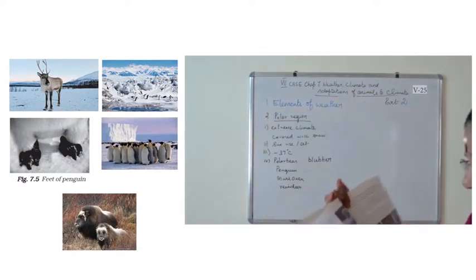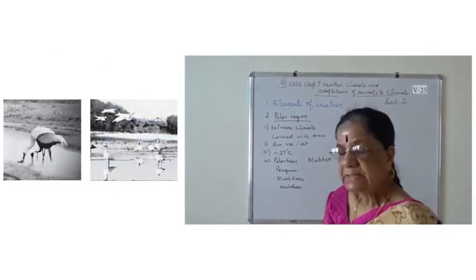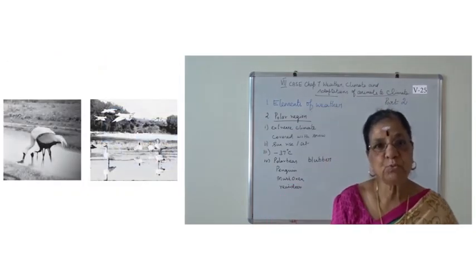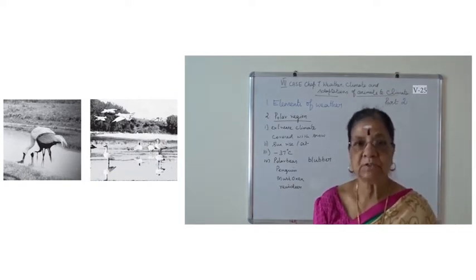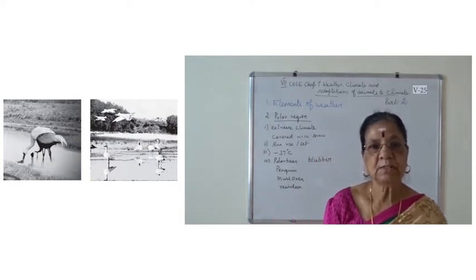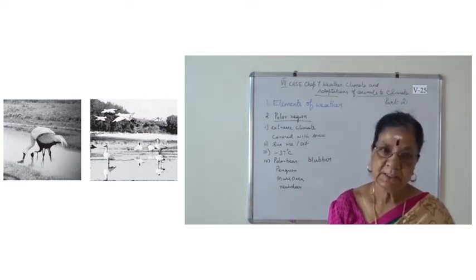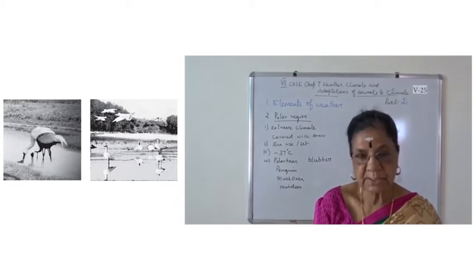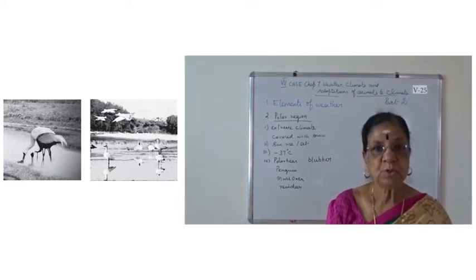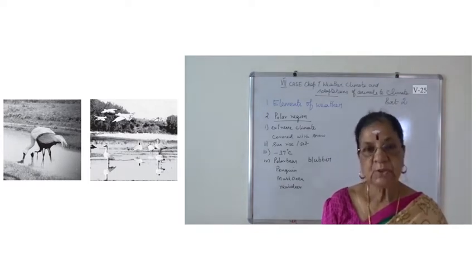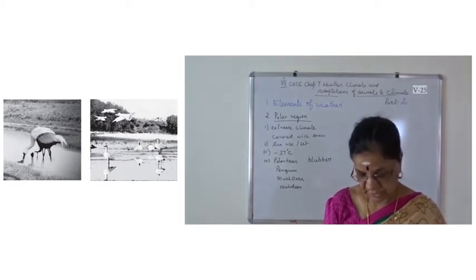I hope you understand. The next one: some animals move from cold places to warm places to escape harsh weather. Extreme cold, they cannot live in. So some animals move from cold places to warmer places to escape harsh weather.